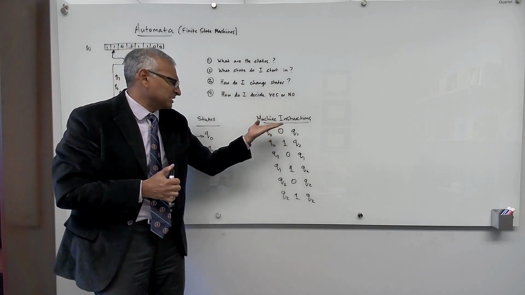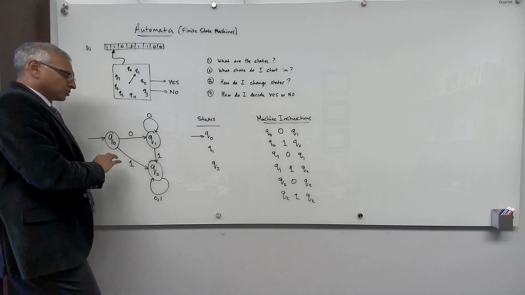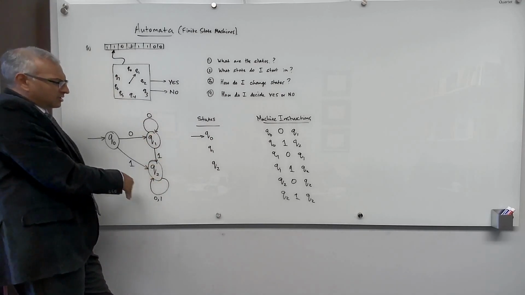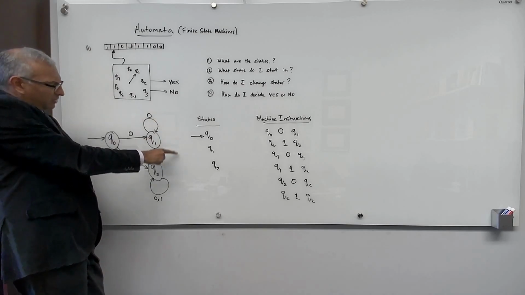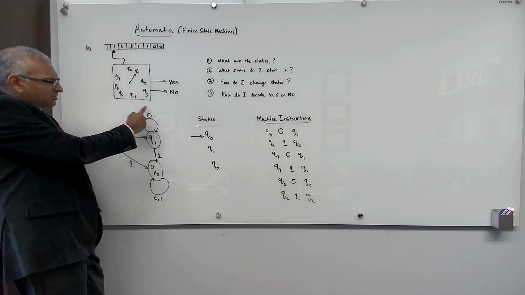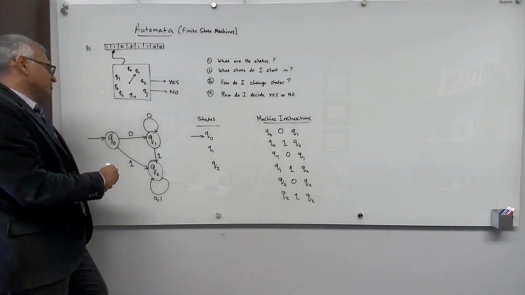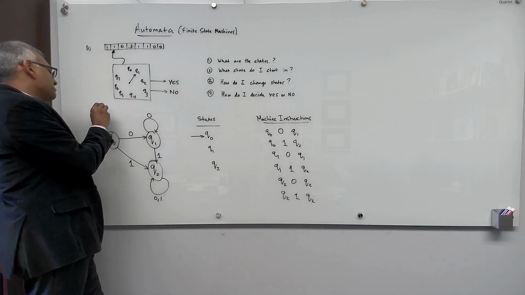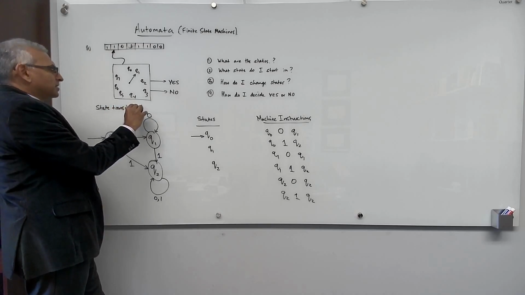Okay, but this is ugly. We don't know what's going on here. But when we look at this, look at how beautiful it is. So we can specify the mechanics of how my finite state machine is operating using a directed graph of this form. We call this the state transition diagram. Machine instructions. Okay? State transition diagram.